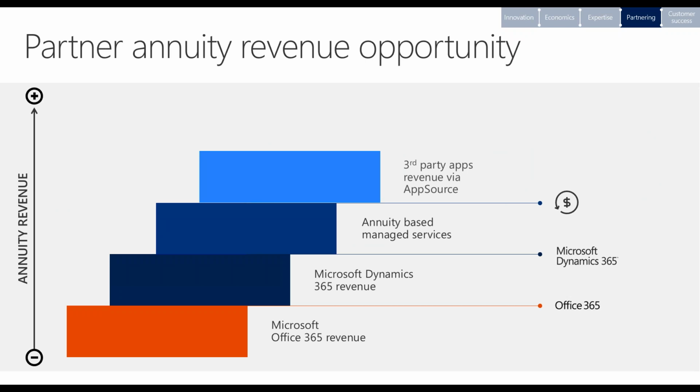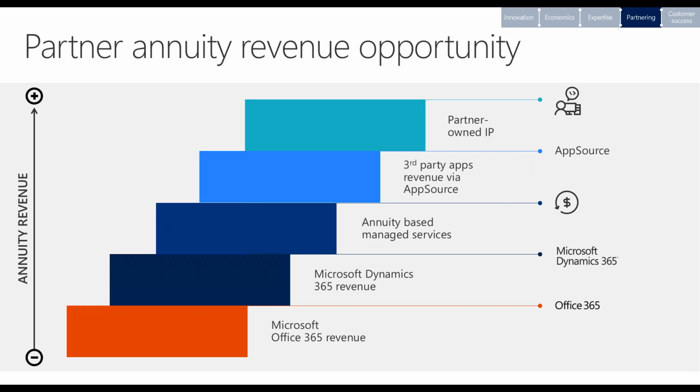Another one which is very important to understand. We talked about the licensing, the list price, of Business Central earlier. What we find, and this is research we've been working on specifically from a Dynamics perspective, is that partners that work on the Dynamics 365 revenue and also create their own IP add about a 25% increase in revenue per user. And those partners that then also work with third-party apps or ISV solutions add on average about another 25% revenue per user.